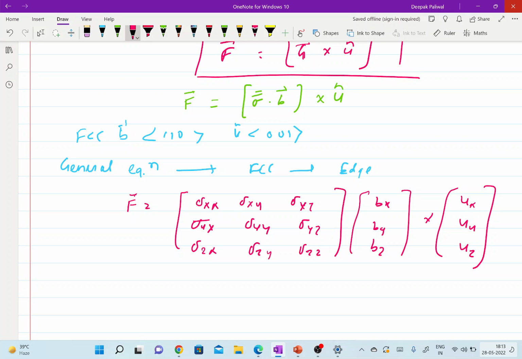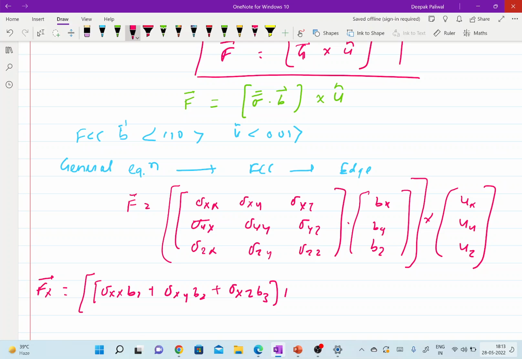Let me do the dot product among these components. First, fx is equal to sigma xx bx plus sigma xy by plus sigma xz bz, i cap. I am just doing a simple dot product. Then sigma yx bx, sigma yy by, sigma yz bz, j cap.